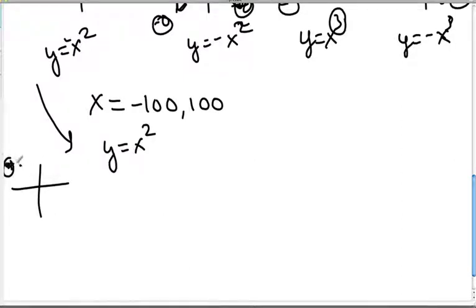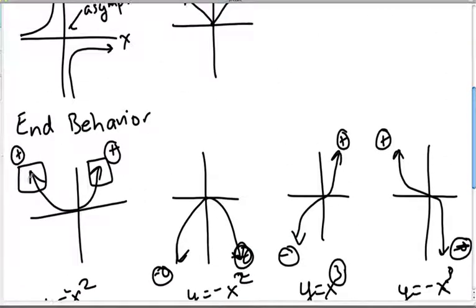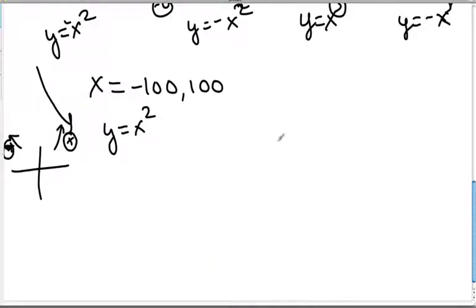The end behavior is going to be approaching that way. And when x equals positive 100, 100 squared is still a positive number. It doesn't matter what the number is, it just matters that the number is positive. So we're going to also say that up here it's going to be positive. It's going to end off like that. And as you can see, we have successfully found the end behavior of that polynomial equation.